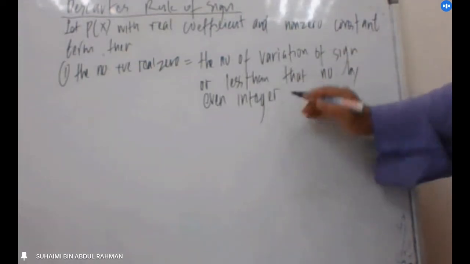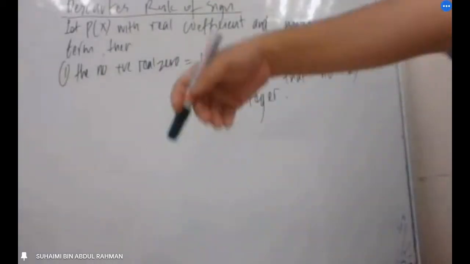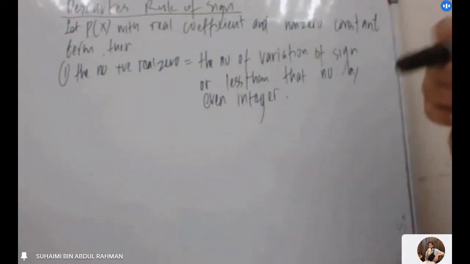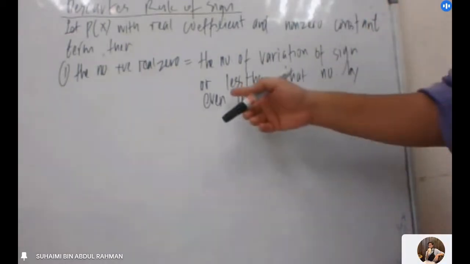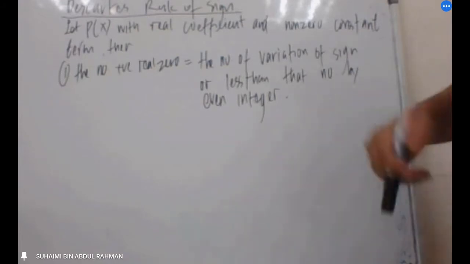So we have to look at how many variations of sign there are. If the variations of sign is 2, the number of positive real zeros could be 2, or less than that number by an even integer.